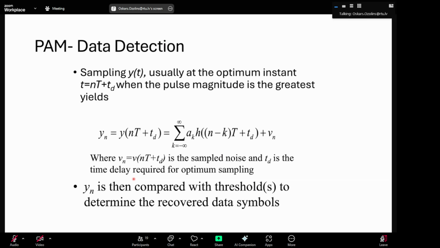I mean, you need to know what time delay is required for this optimum sampling. With optimum sampling you get the widest opening of the eye diagram, and then you can decide with the threshold where this is.